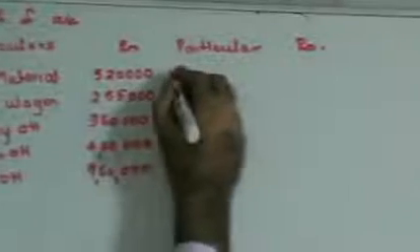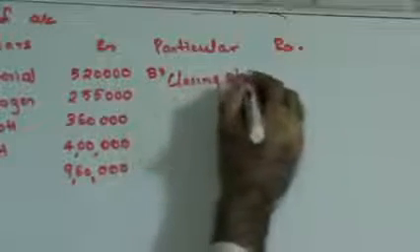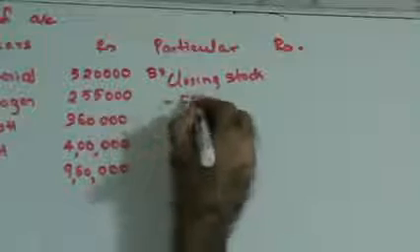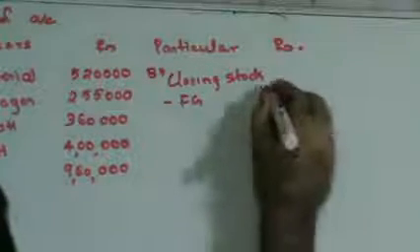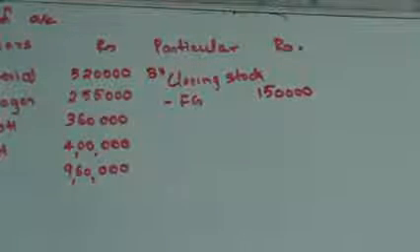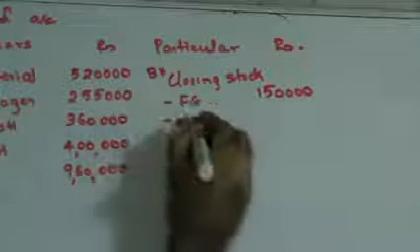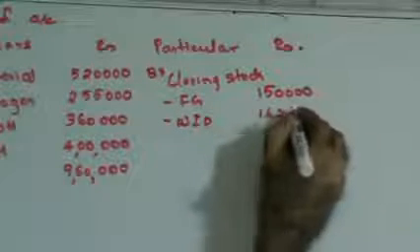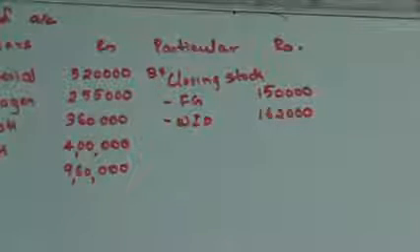Closing stock comes on the credit side, by closing stock of finished goods, 1,50,000. Right? Next, closing stock of work in progress is 1,62,000.